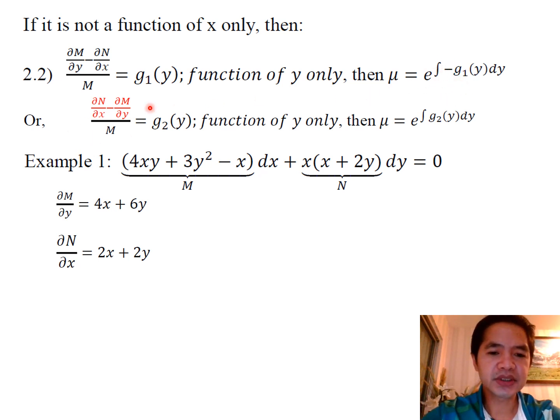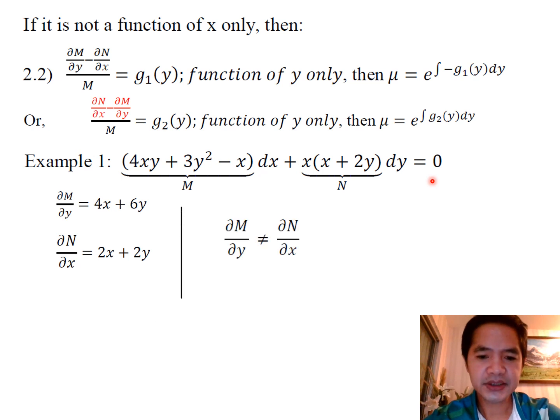Or you can do this form, where you switch N and M: partial N over partial x minus partial M over partial y, over M. This is also a function of y. If you switch, then the minus sign is gone, and the integrating factor is mu equal to e to the integral of g2(y) dy.